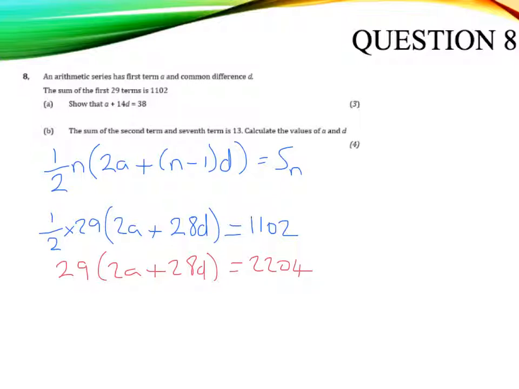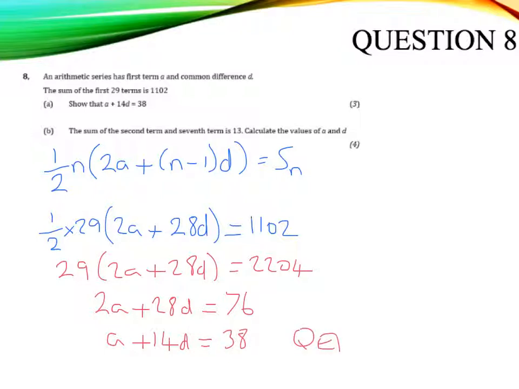Divide both sides by 29, so 2a plus 28d equals 76, and then divide it all through by 2. We've got a plus 14d equals 38, which is what it wanted. So as required, QED. Good.